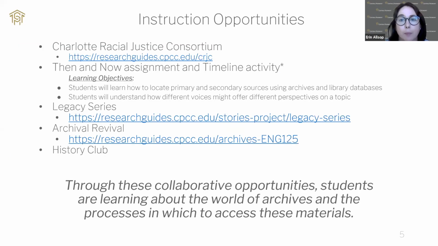So these are just some examples of the various instruction opportunities that we have ongoing right now, or things that we've done in the past, and some things to come. So the Charlotte Racial Justice Consortium is a consortium of 6 institutions within Mecklenburg County, and the students are selected. Students that are selected have to research their institution's racial history and present their findings, host healing circles as a way to talk about the past and overcome pain and things that have happened.